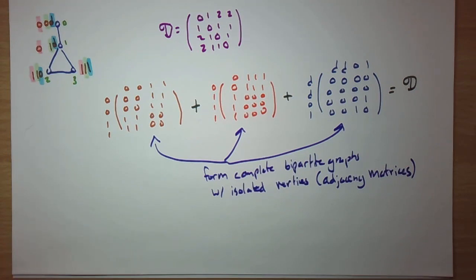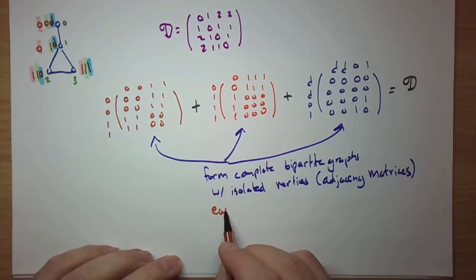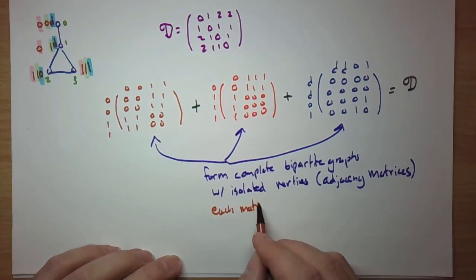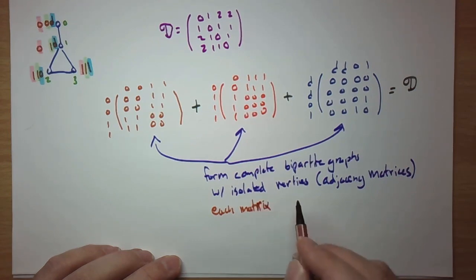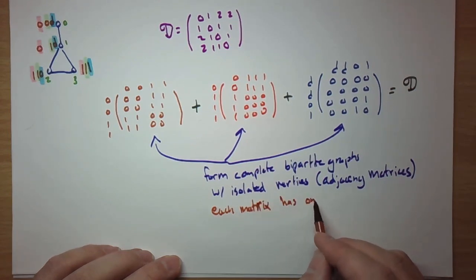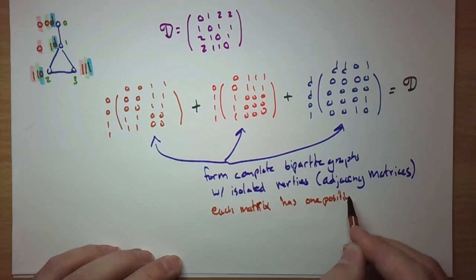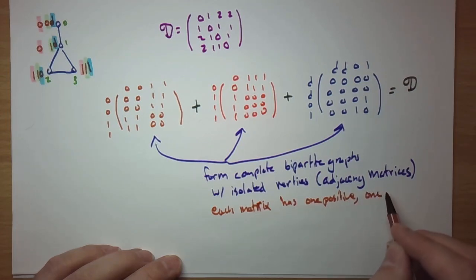Excellent. All right. So it turns out that these matrices are very simple. Each matrix has one positive and one negative eigenvalue.